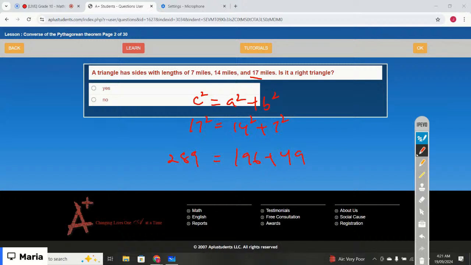So they are not equal, right? No, the correct option is no, that isn't a right angle triangle, right? So the correct option is no.